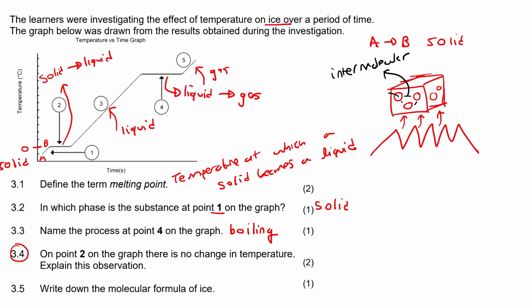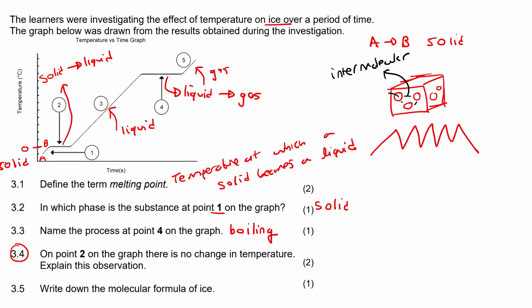But now when we get to this area over here, what now happens is that this energy that is now coming in is no longer going to be used to make the molecules go faster. What that energy is now going to be used for is to start overcoming these forces of attraction between the molecules. And it's going to start pulling the molecules apart.